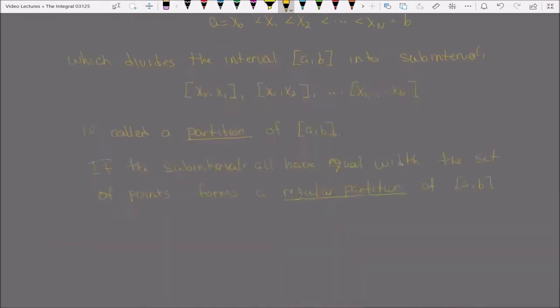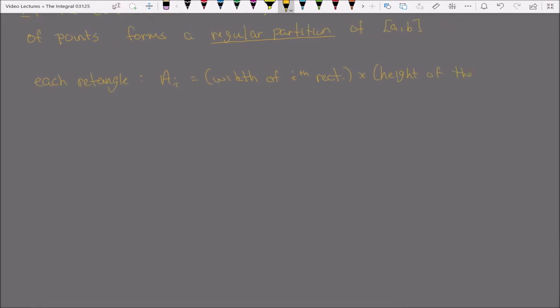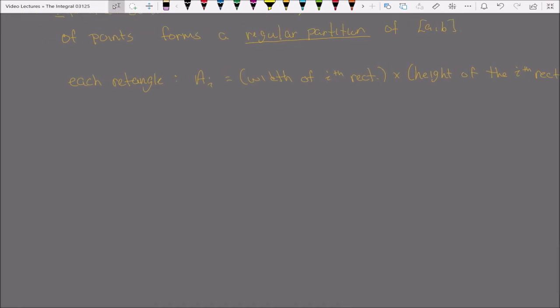Now, each rectangle will have an area, call it a sub i, to represent the area of the ith rectangle. And remember, it is width times height. Well, width is the length of the subinterval, which is delta x.